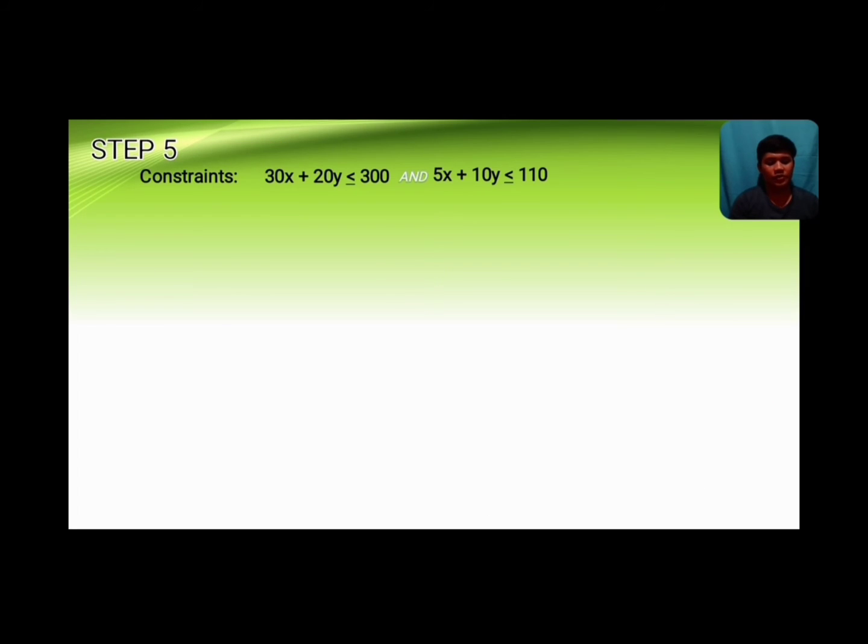So now let's proceed to step 5, in which we find the most suitable optimum point. So we have here two given constraints, 30x plus 20y less than or equal to 300 and 5x plus 10y less than or equal to 110.